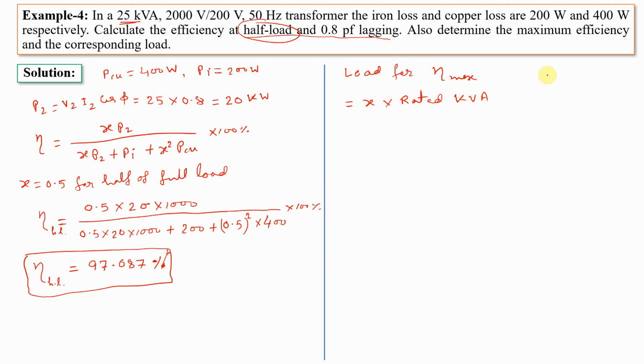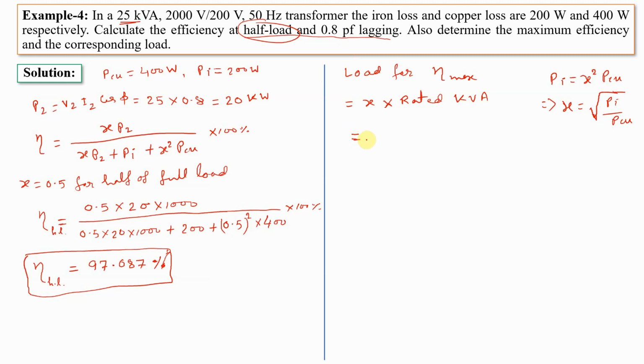We already know that for maximum efficiency, the condition is Pi equal to X square PCU. From this, the value of X will be equal to square root of Pi upon PCU. This is the fraction of the full load for which the efficiency will be maximum.